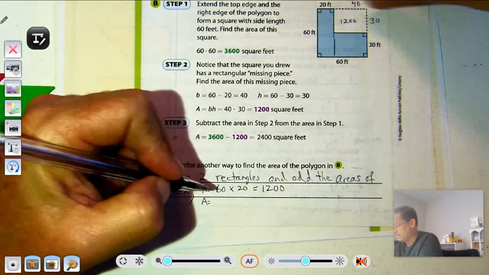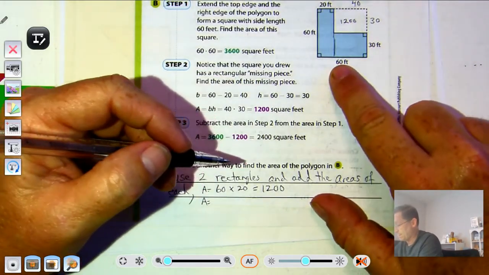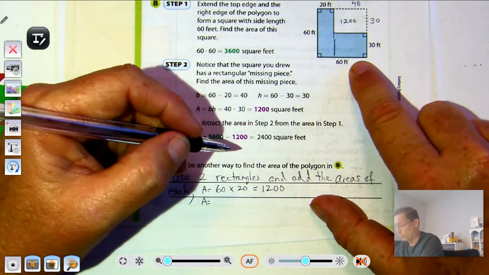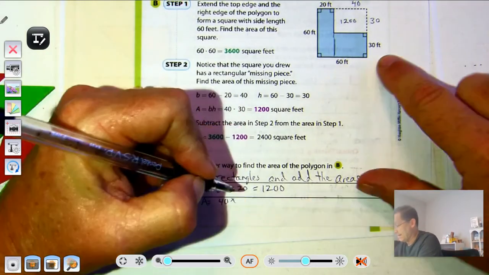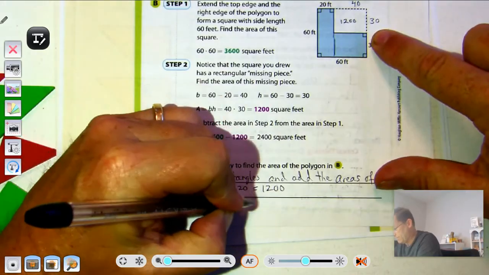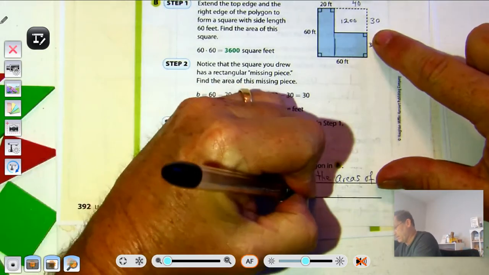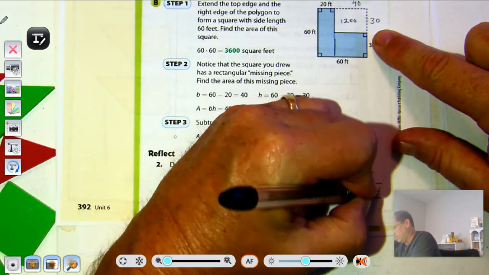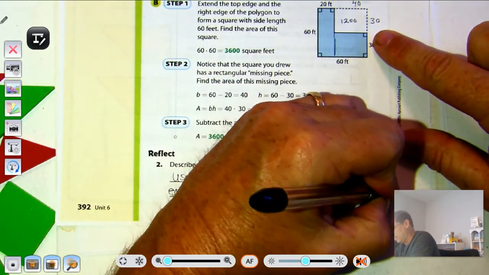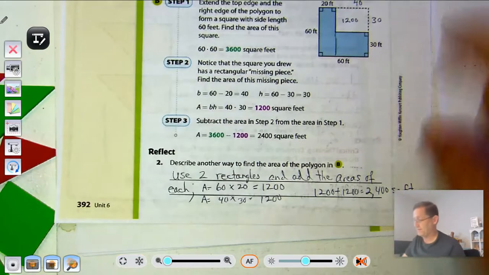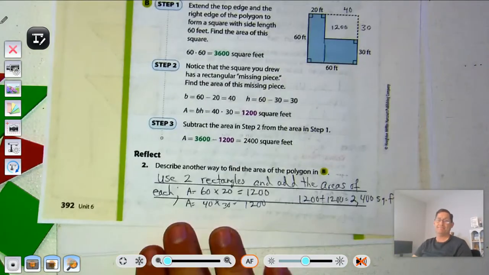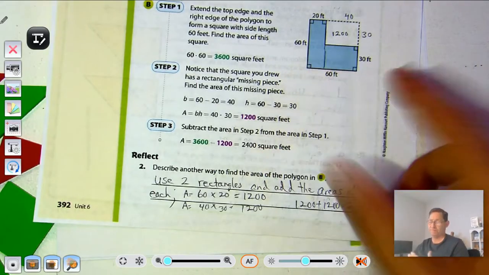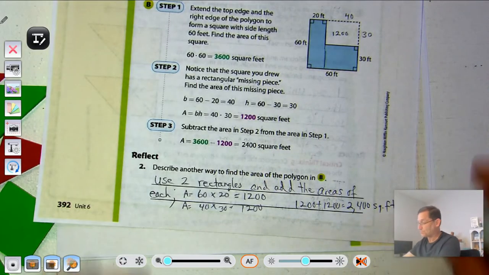And the area of the second one would be 40, this small piece here is 40, times 30, which is 1,200. 1,200 plus 1,200 equals 2,400 square feet. So again, all we did was find the area of each of the smaller rectangles and add them together.